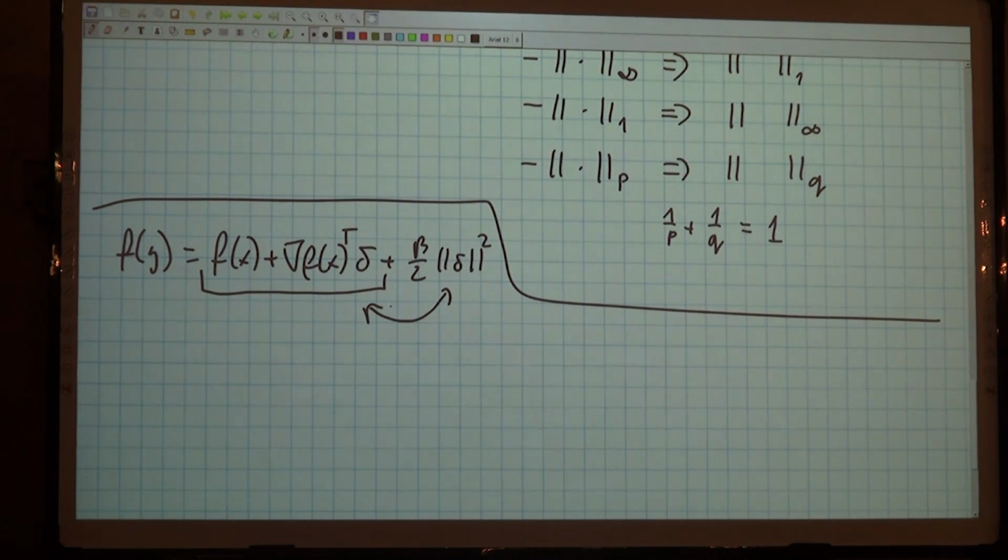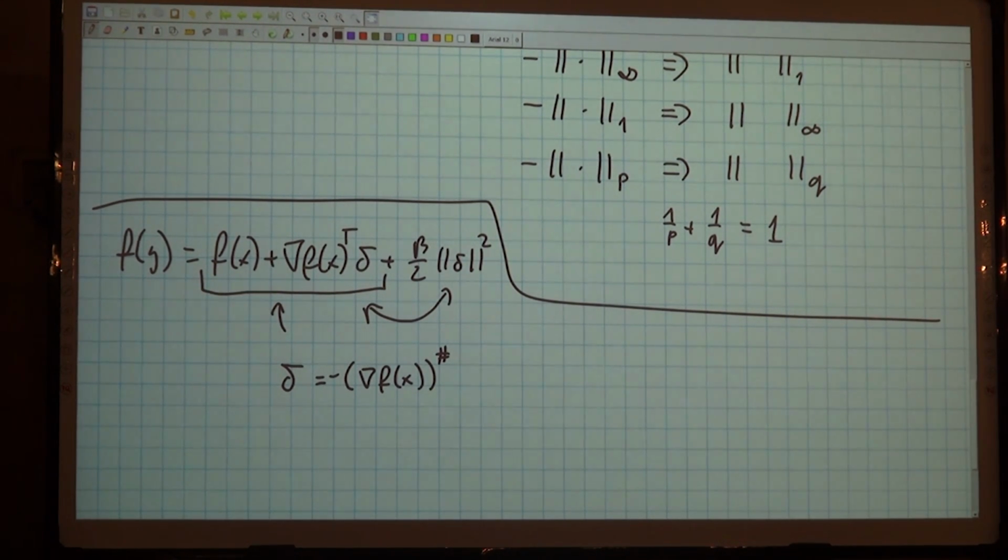Ideally, you would just move in the direction of minus gradient.